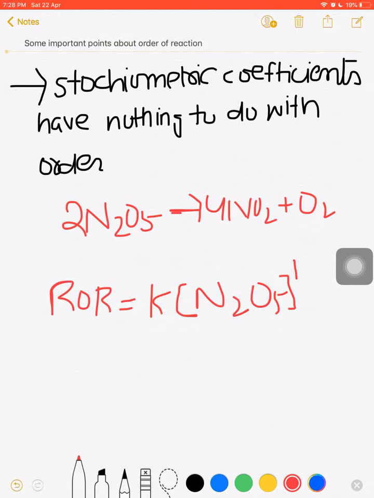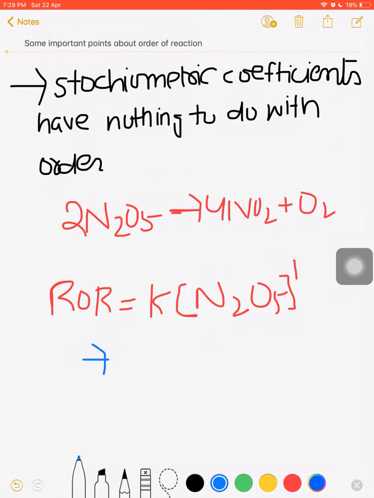So stoichiometric values have nothing to do with the order of reaction. The order of reaction is simply an experimental value. In order to find the order of reaction, you have to do the experiment, right? It is an experimental value.